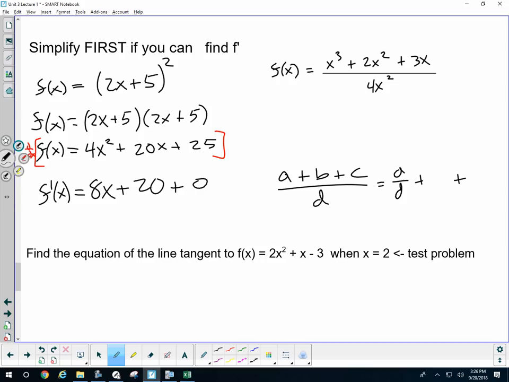A over D plus B over D plus C over D. That's what we're going to be doing. Okay, we just split up the common denominator. So I'm going to divide each term by the 4x squared.